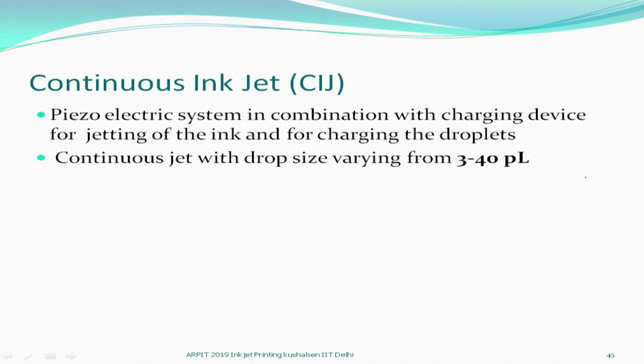Continuous jet with drop size varying from 3 to 40 picoliters can be generated. If you want small drops, meaning small dots, the resolutions could be good.